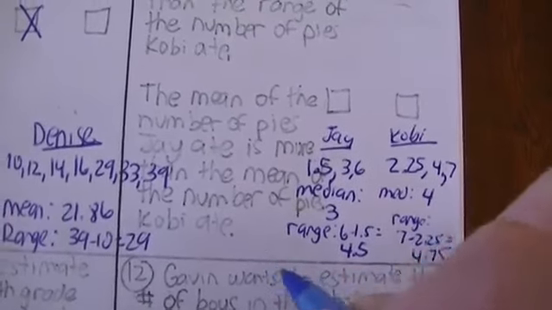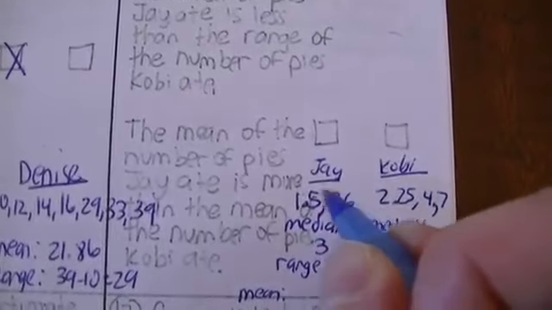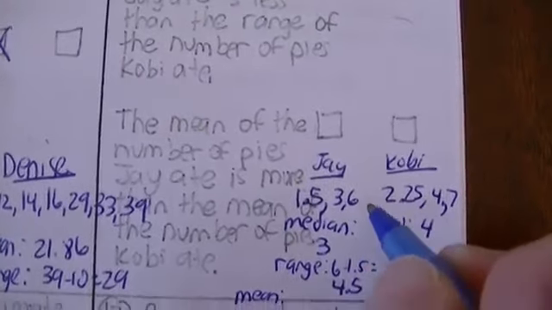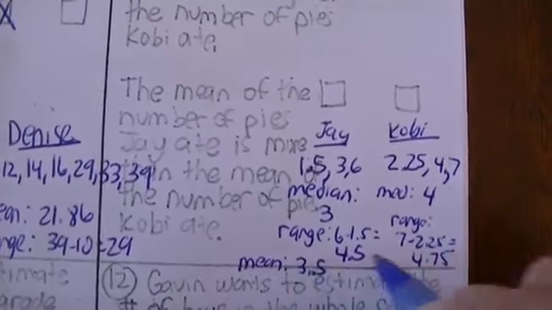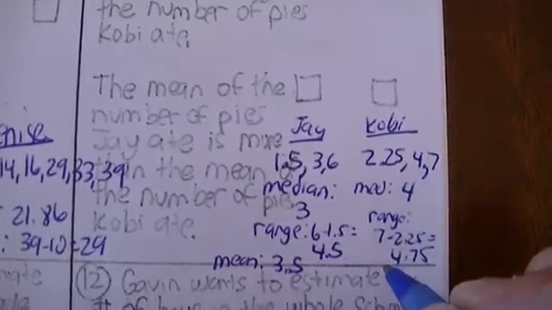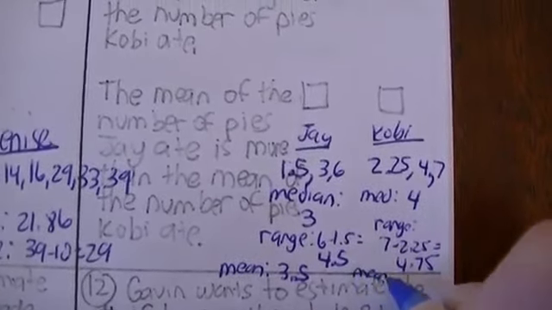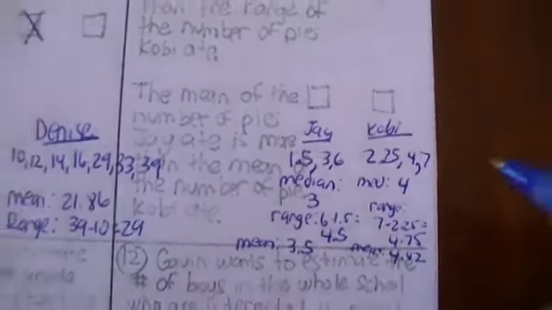And then the mean for Jay, add them all up and then divide by how many there are. So 1.5 plus 3 plus 6, press equals, then divide by 3, and you should get 3.5. And then for Kobe, go 2 and 25 hundredths plus 4 plus 7, press equals, then divide by 3. And his mean is 4 and 42 hundredths, unless I messed up.